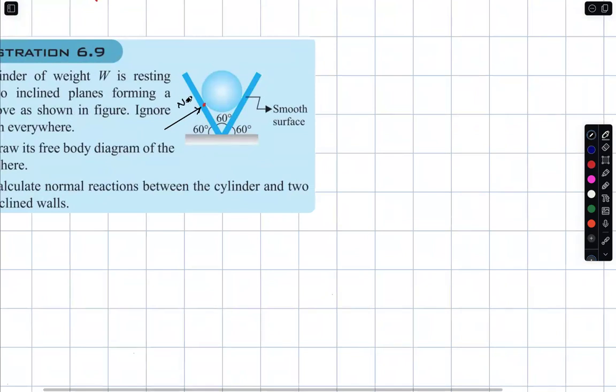I'll call this normal reaction 1, and that passes through the center of the sphere.